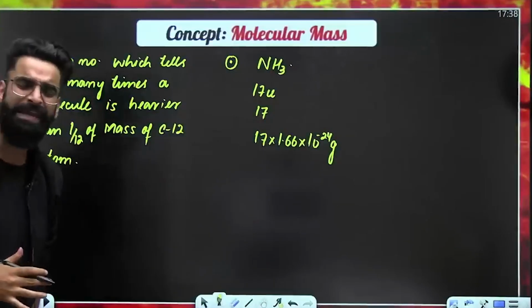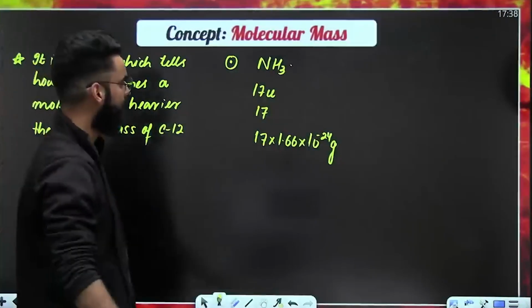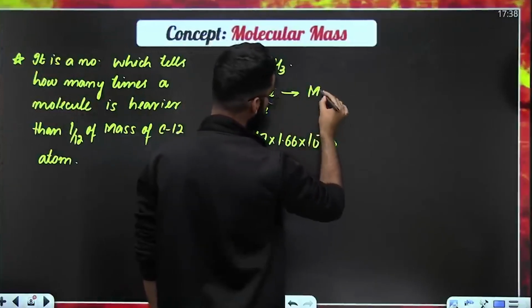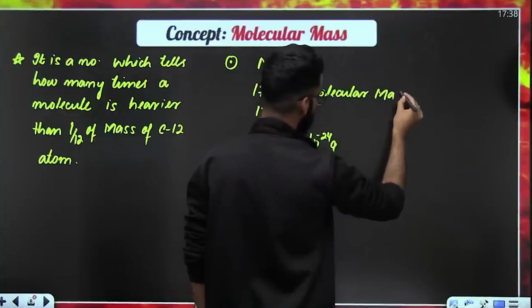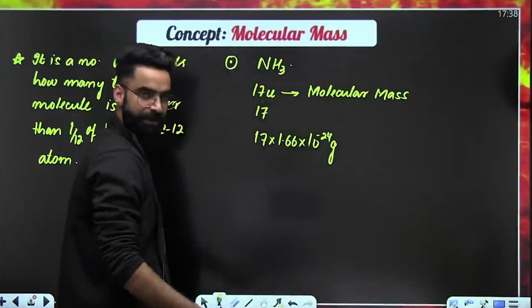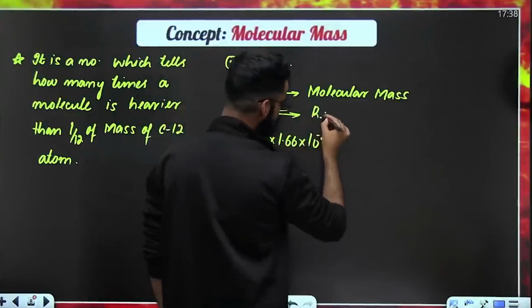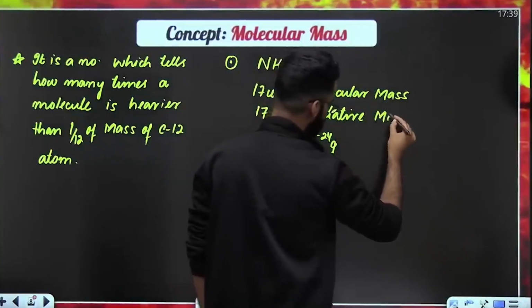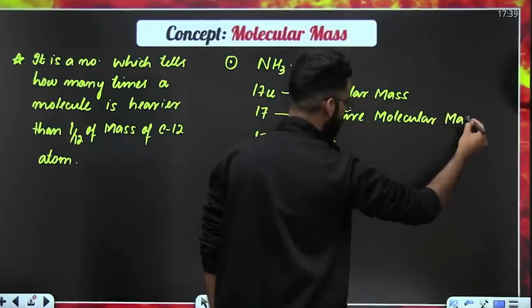Now, what is the meaning of all these three terminologies? You should be knowing the meaning now. Dear students, this 17U, I will be calling the molecular mass of NH3. This 17 only, without the units, I'll be calling the relative molecular mass of NH3.